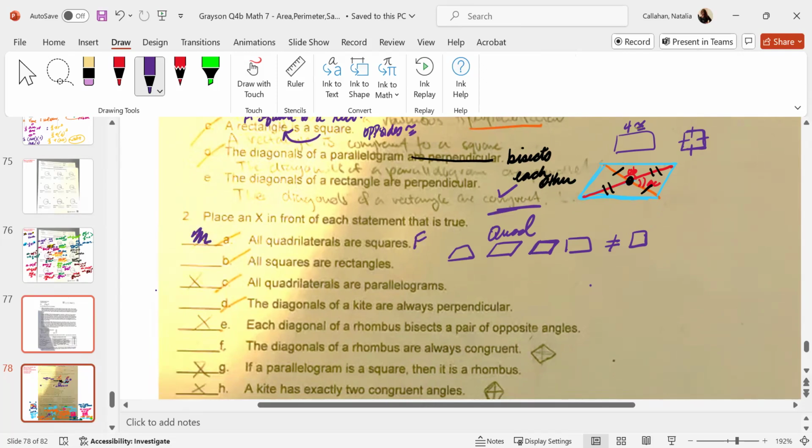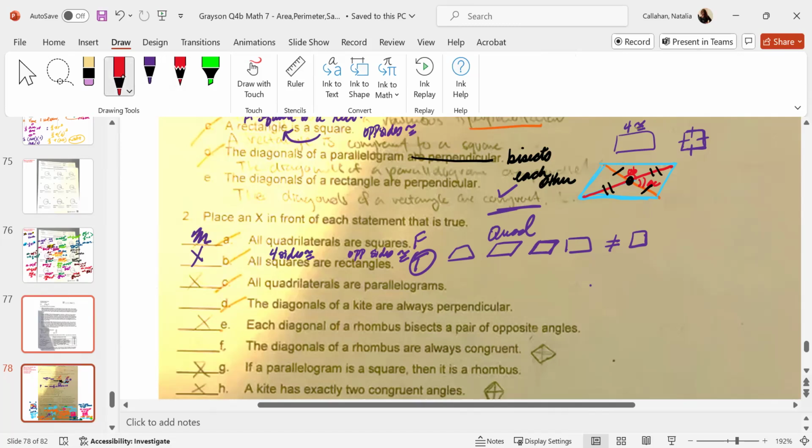Do you understand? All squares are rectangles. That is true. Remember how we say that to be a rectangle, opposite sides are congruent? Well, in a square, all four sides are congruent. So the opposite sides are definitely congruent. Do you understand that? All quadrilaterals are parallelograms.